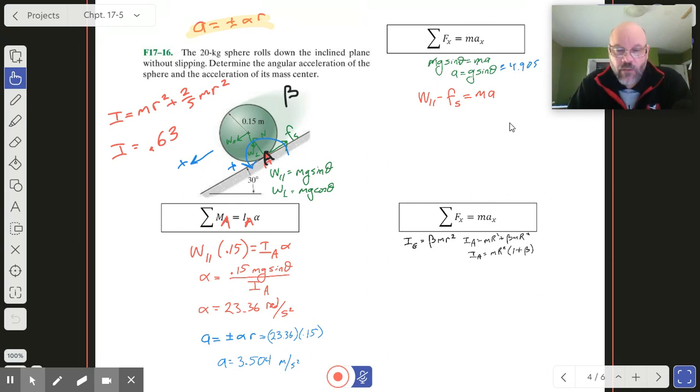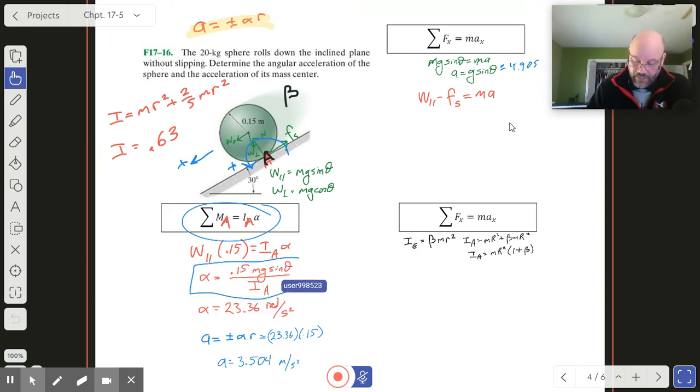So if we do that, watch what happens if I go back to this relationship here. I'm going to have exactly the same equation right here, except 0.15, remember, is actually the radius of the thing. So let's write down what we get for alpha if we do that.